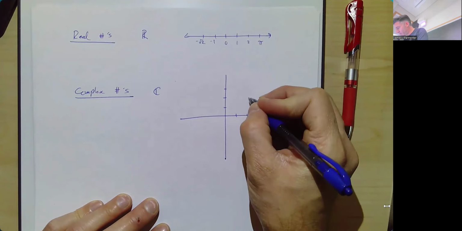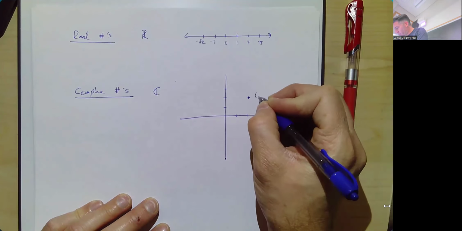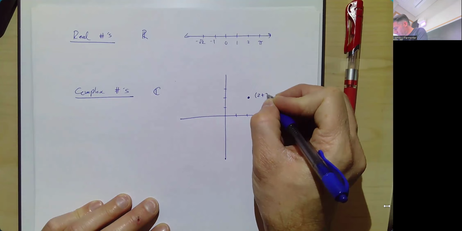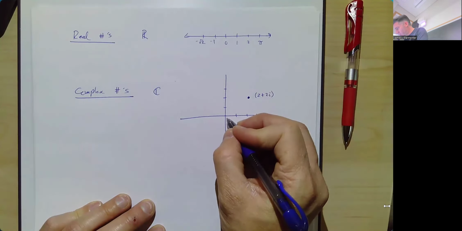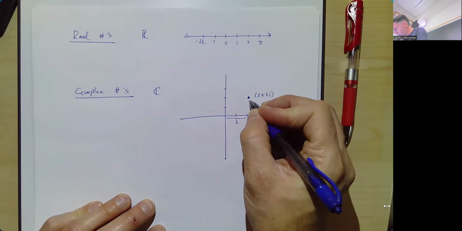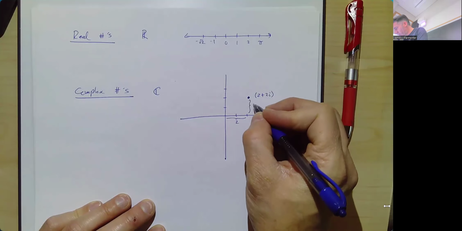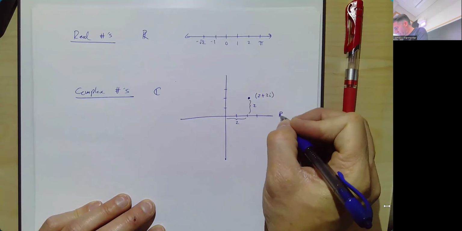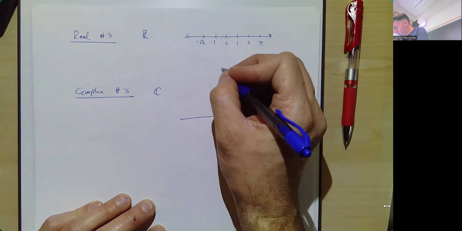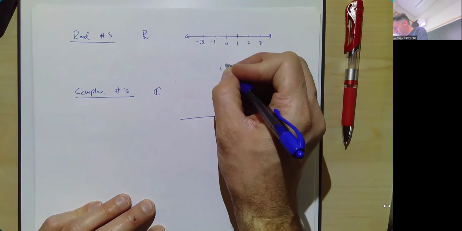This point here, 2 plus 2i, is going 2 in the real direction and 2 in the imaginary direction. This is the real axis. This is the imaginary numbers axis.